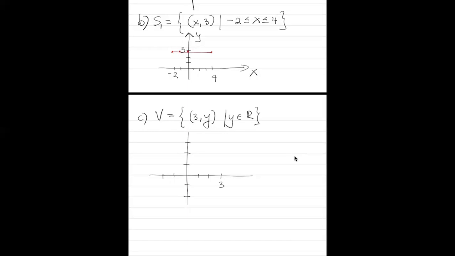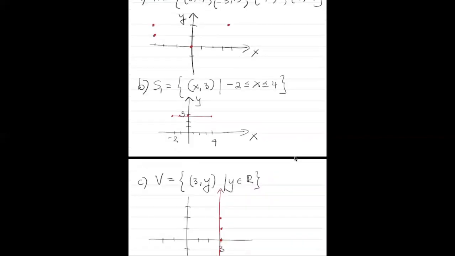For example, if y is 0, we're going to have the pair (3, 0) right here. If y is 1, you're going to have the pair (3, 1). If y is 2, you have this point. If y is -1, this point. So we see, and all the points in between them, these points line up in a vertical line.